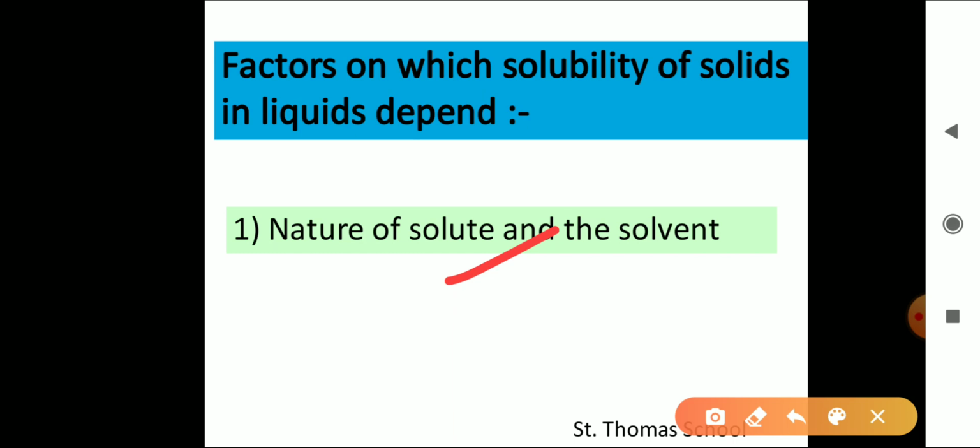But it can be understood by saying like dissolves like. है ना? Like dissolves like. That means polar or ionic compounds like NaCl dissolve in polar solvents. है ना? NaCl is what? Common salt is your ionic compound.